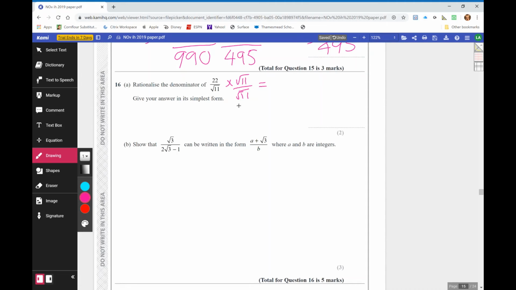So root 11 times root 11 is just 11, because it's root 121, which is the same as 11. You're undoing the square really. Squaring a square root just gets rid of it. And then 22 times root 11 would be just 22 root 11. And then you can see 22 and 11 obviously go into each other. So 22 divided by 11 is 2. So it ends up with just 2 root.